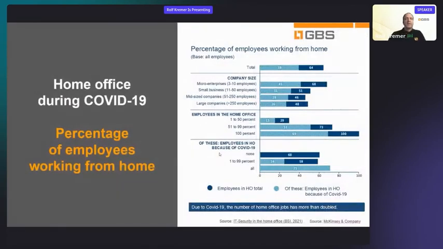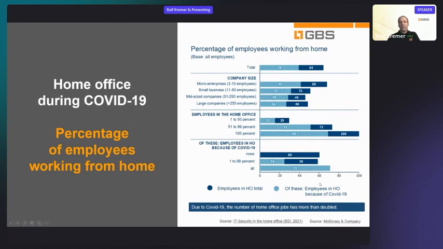On the next slides, I have added some results of a research study from last year about the impacts of the COVID-19 pandemic. Unfortunately, I did not find a similar research for the North American region, so I will use a study from the Federal Office for Security in Information Technology in Germany.